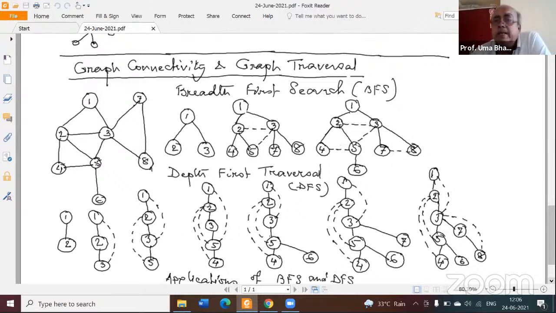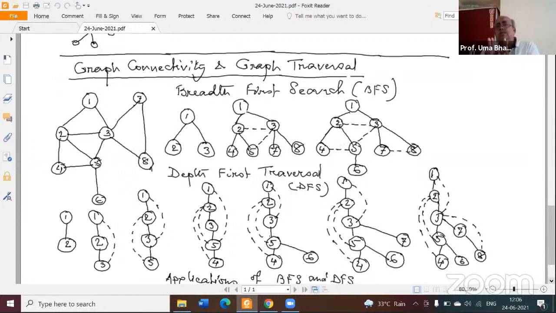When that is complete, also we have 5, we can go down to 6, then go to 7. There is a connectivity between 7 and 8. 8 is already discovered, so put a dash. And then from 8, nothing to do.